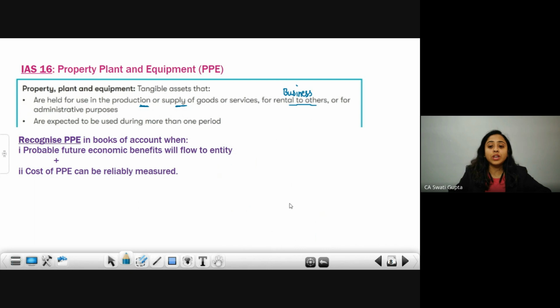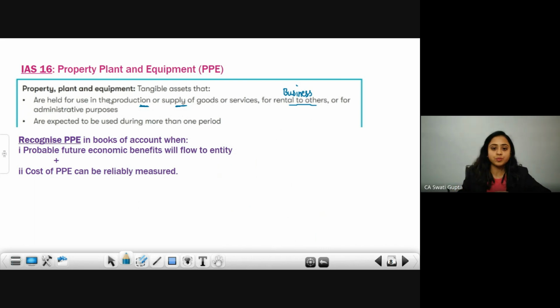Got it? So if your business is of rental, then only it will be classified under PPE. If you're collecting rent, only rent, and it's not your core business, then it will be classified as investment property. So reading IAS 16 and investment property, that is IAS 40, gives a clearer picture if we compare them both simultaneously.